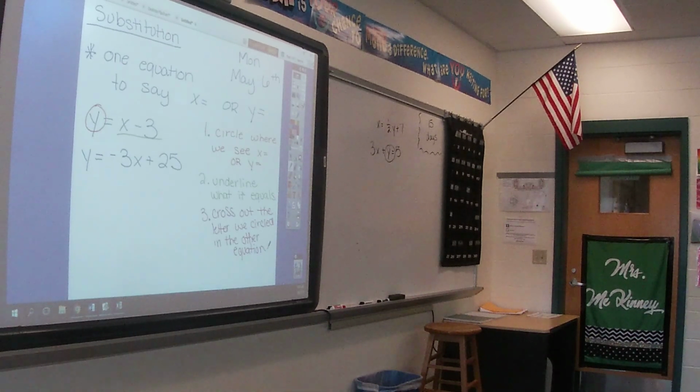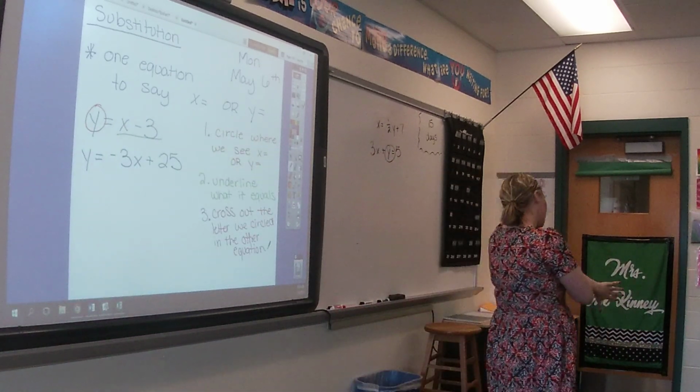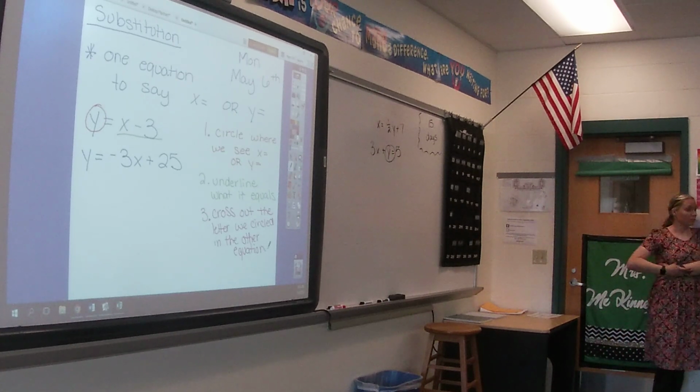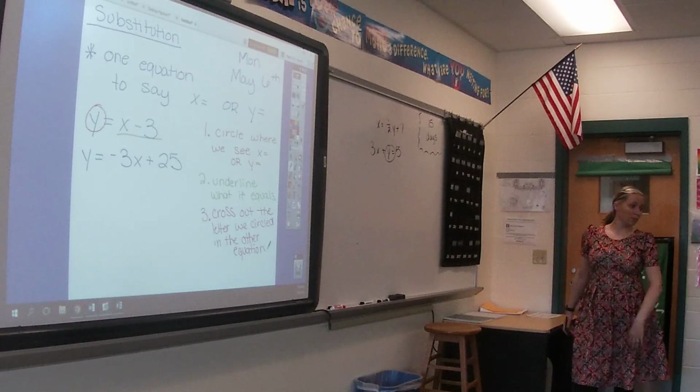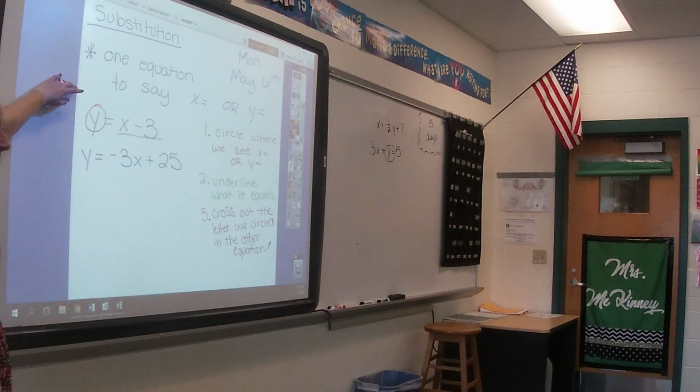Okay, we are going to cross out the letter that we circled in the other equation, not the one that we've been working on, but in the other one. So if I look at this top equation, what letter did I circle?